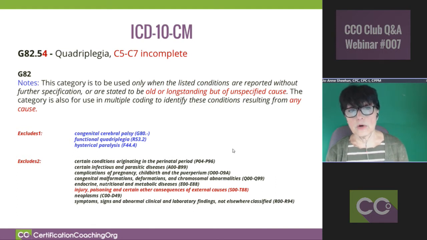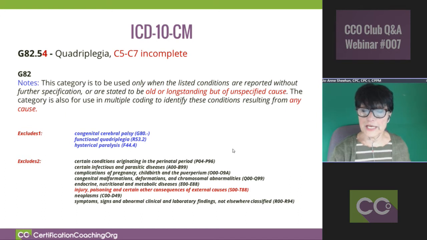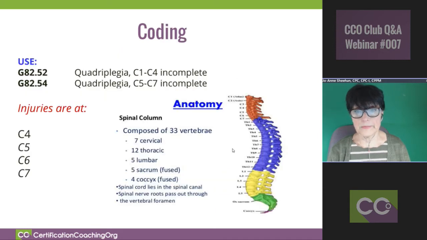So right now, our coder has chosen as an option to the G82.50 to use G82.52 and G82.54. And I commend her because those are the right answers. She should be using those. Okay, so when we look at the codes that she had suggested, we have the G82.52, and that's the quadriplegia, C1 through C4, incomplete.